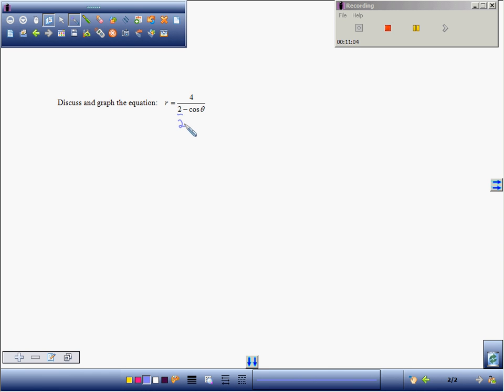Does everyone see why I divide everything by 2? Because I want this number right here to be 1. So I have r equals 2 over 1 minus 1 half cosine theta. Everyone see what I did? I divided everything by 2.